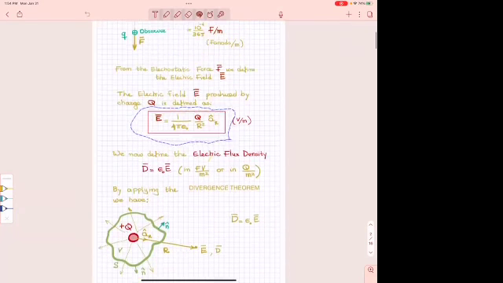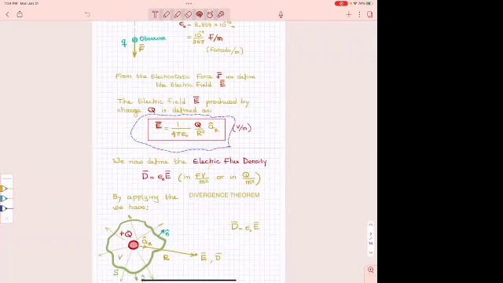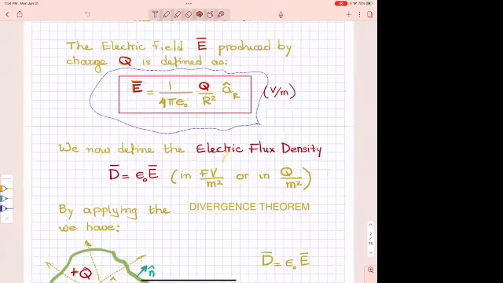We are going to introduce the electric flux density here, and then we are going to also bring it back, remember. So for now, we introduce a new vector, vector D, and we call that the electric flux density. And it is measured in coulombs per meter squared.